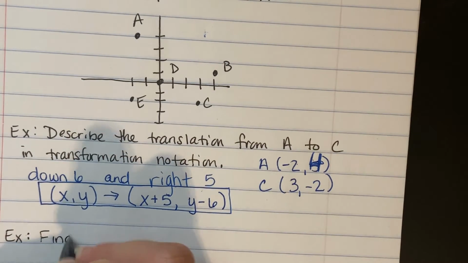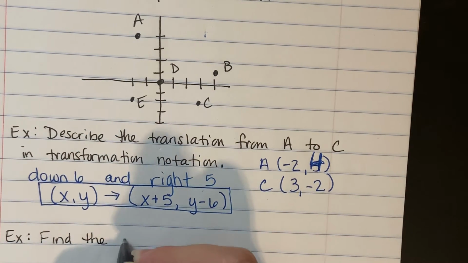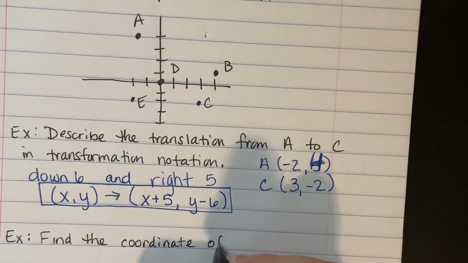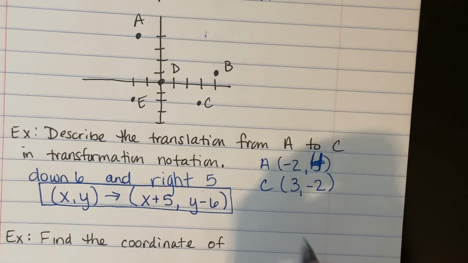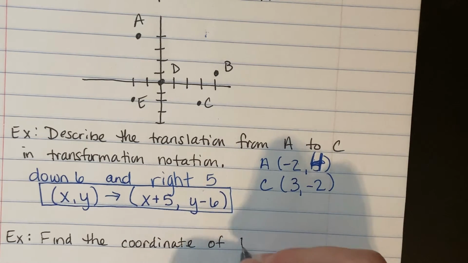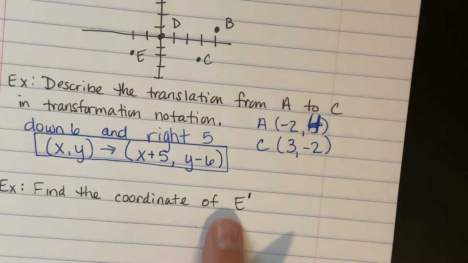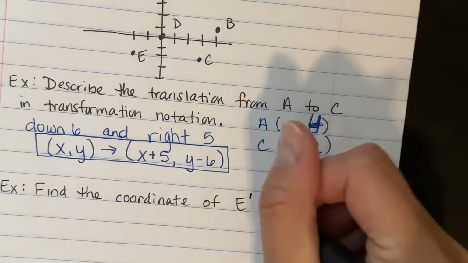Find the coordinate of, let's say, E prime. Now that's how you say this, E prime, and I'll explain what that means in a second.